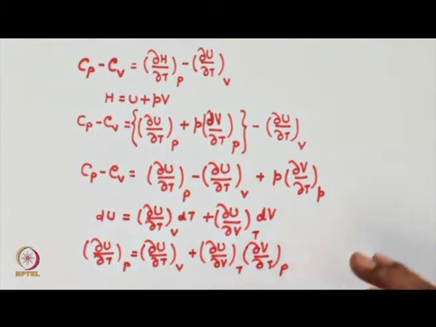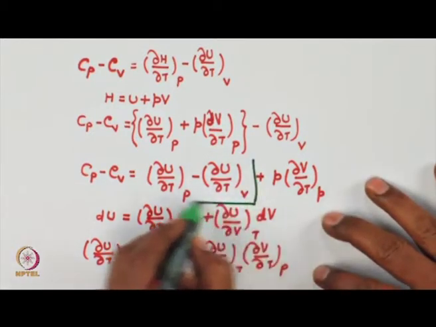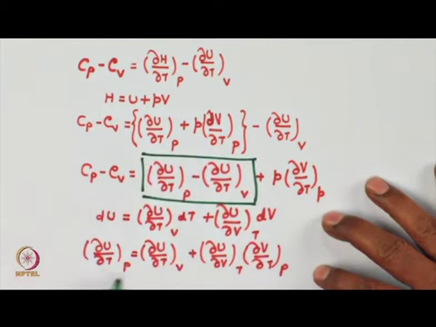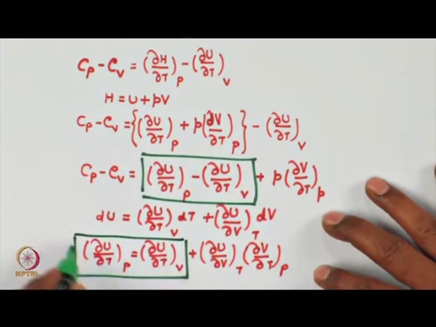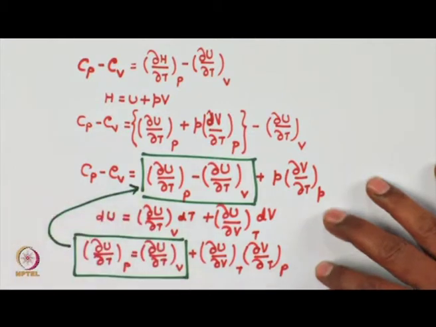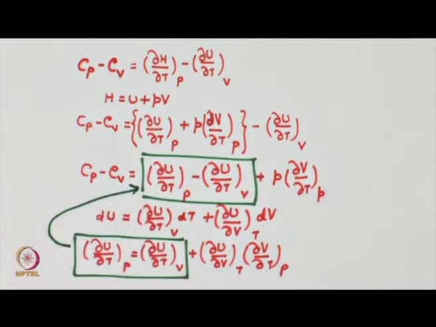The reason why I have done this is because I am interested in a substitution for this term, which I can get from this. I can substitute over here. So I will use this in the next slide.